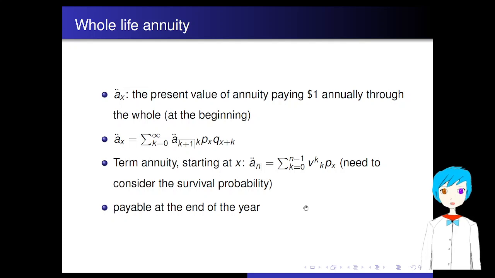We have the formula that connects the whole life annuity with the term annuity. But note here that because we have an x in the subscript, it means we need to consider the survival probability. But for the term annuity notations, we don't have that x, so we don't need to consider the survival probability.